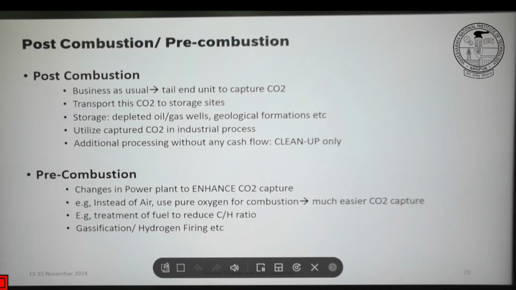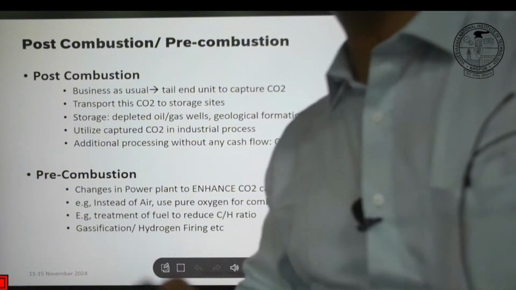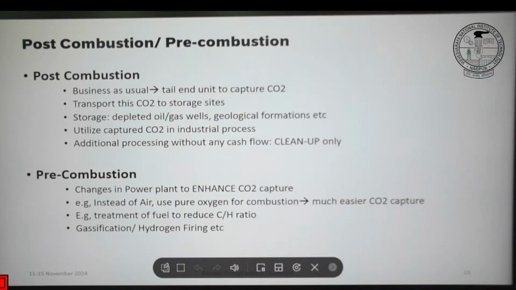Okay, on the combustion side, there could be two ways, post-combustion and pre-combustion. So you let the business run as usual, and you just bring a tail end unit on your flue gas stack. For example, for power production, you burn coal, you produce your electricity via the steam cycle or gas turbine, whatever, and finally your flue gas comes to the stack.